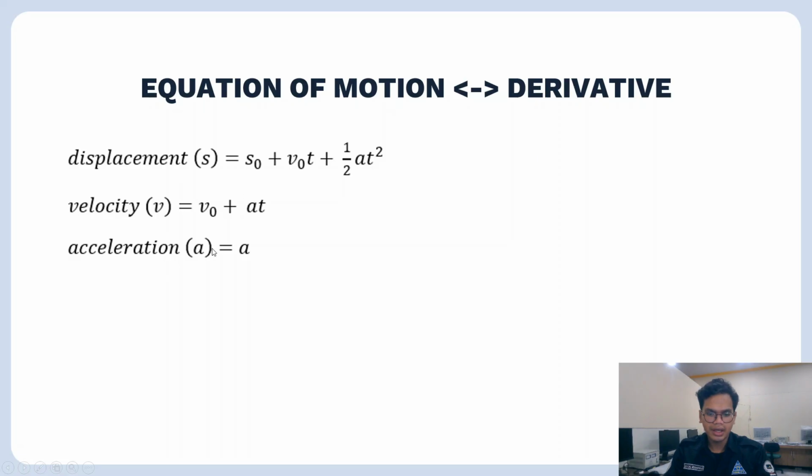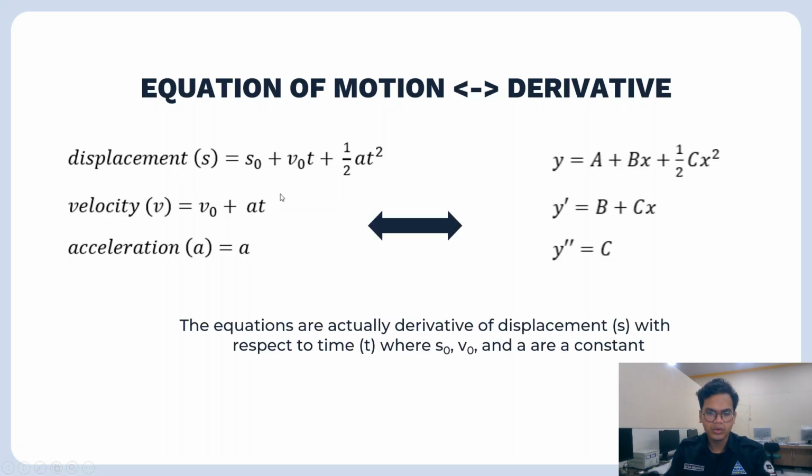If we compare it to another equation, we can see that these two equations share some similarities. These equations are actually derivatives, but instead of x and y, it's time t and displacement s, where s0, v0, and a are constants.